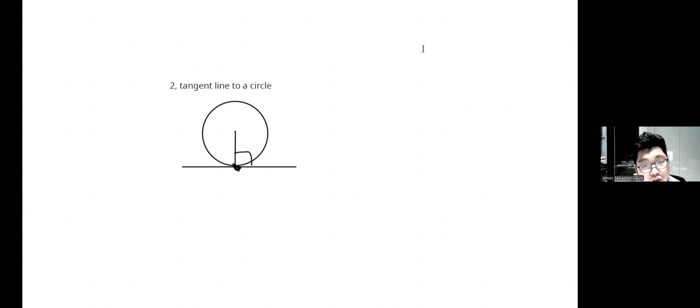And of course you can show that a line is tangent to a circle by, number one, showing that the line is perpendicular to the line from that point to the center.